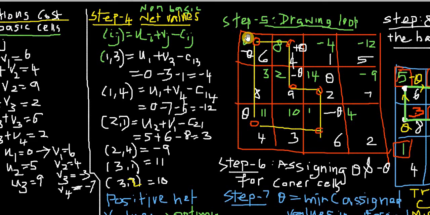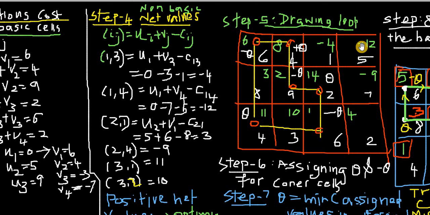are the basic cells. Let me get basic value 6, 8, 14, here 1, here 4. All these are basic values. At right hand side at the top, those are net values.